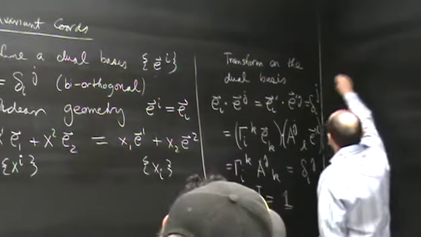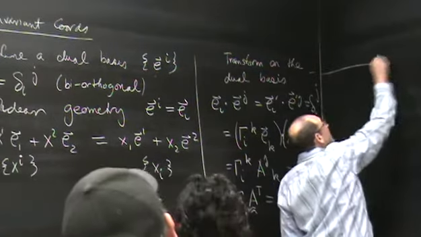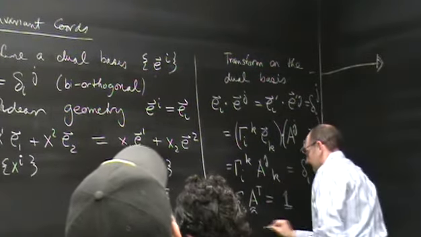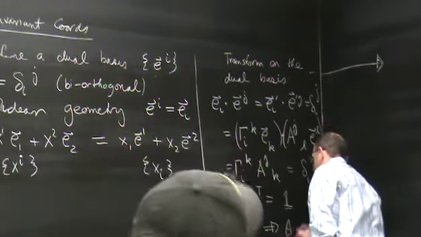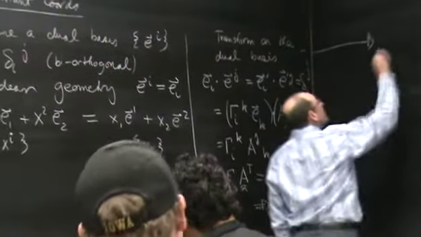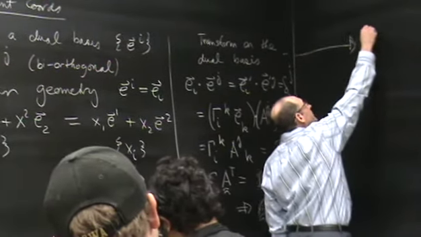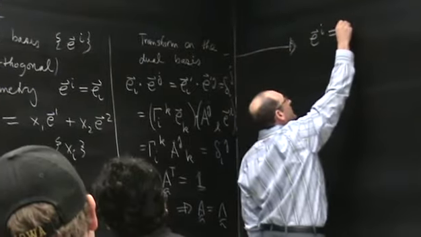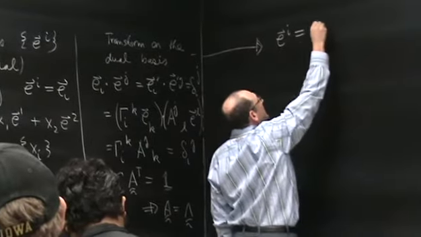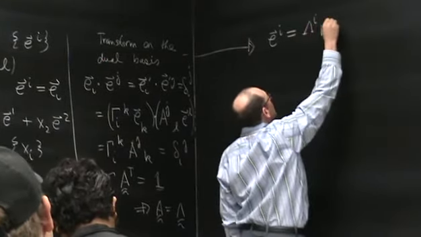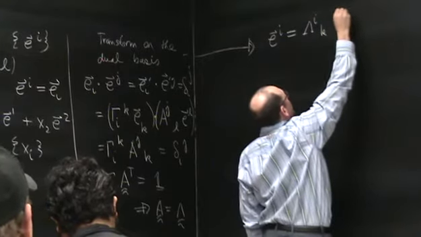So the moral of this story is that A is equal to lambda, and thus the dual vectors transform according to the lambda matrix.